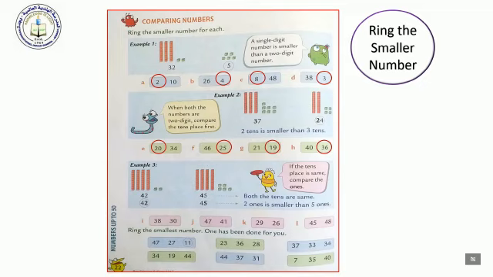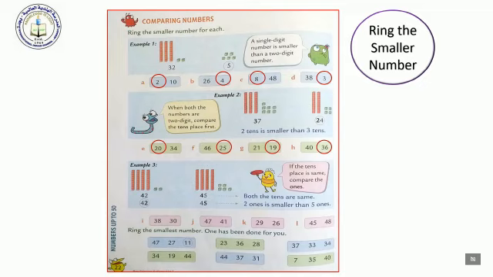Did you get it? Yes. Come on, let's move on to the next one. Bit I. Here we have the numbers 38 and 30. Now here you can see both the numbers' tens place are the same. 3 tens, 3 tens. Now what did you remember by this? Yes, when both the numbers have the same number in the tens place, then we have to check the ones place.